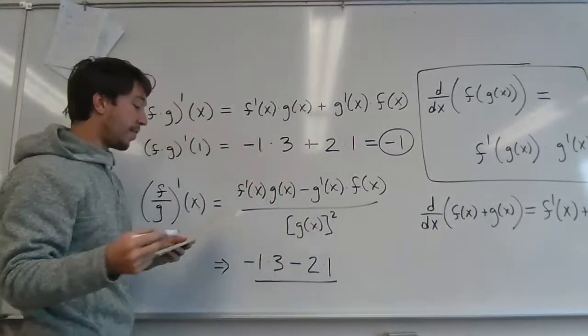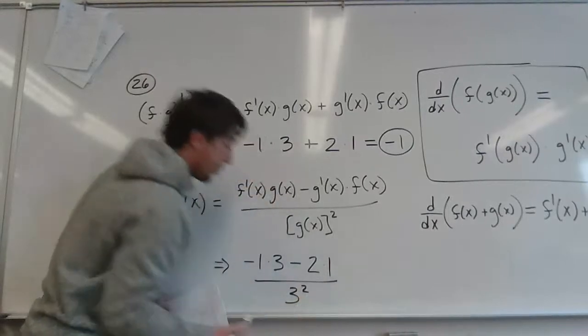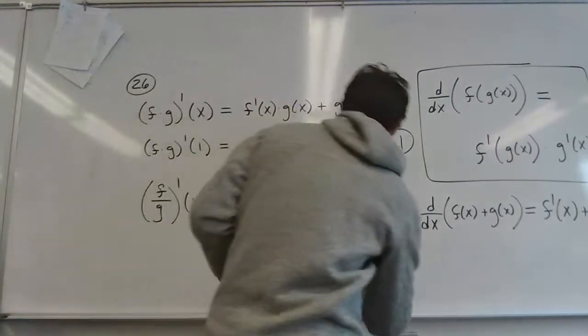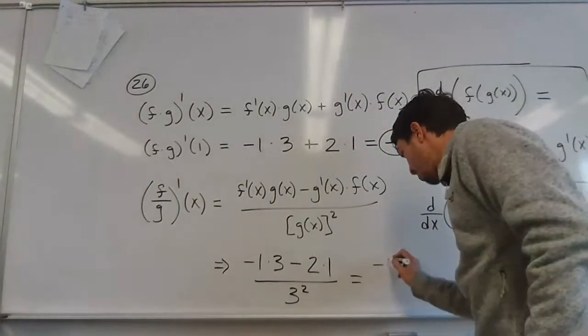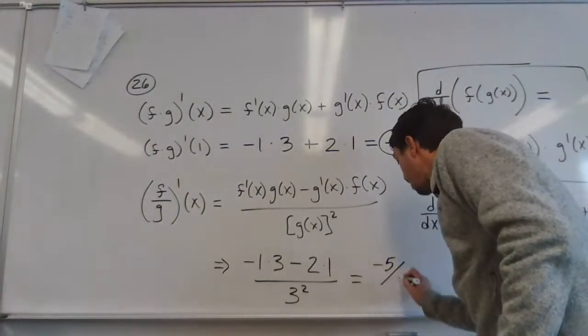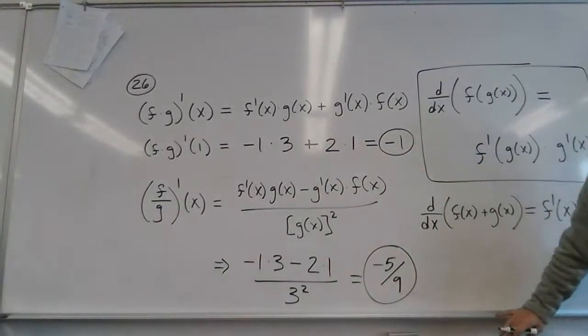Over G of 1, which is 3 squared. So we get an interesting number, -5/9, assuming I don't have some sort of hiccup in there. Weird enough for you?